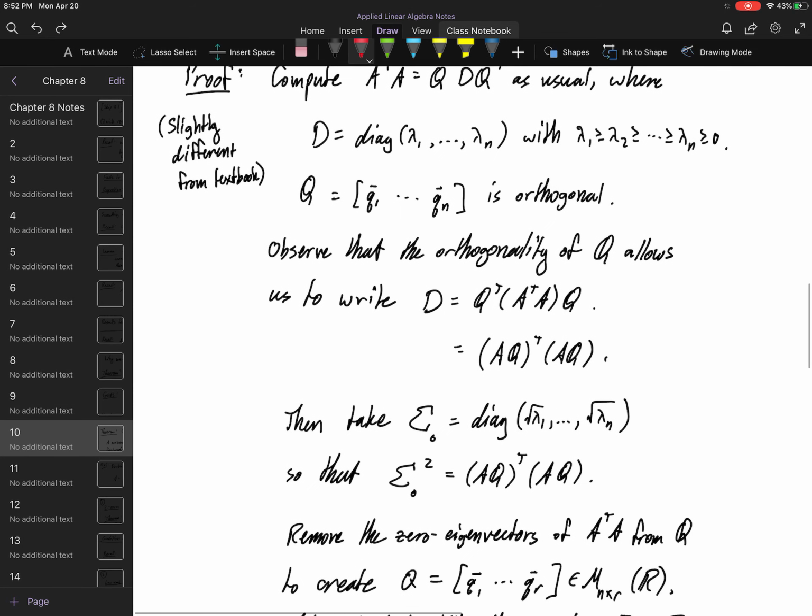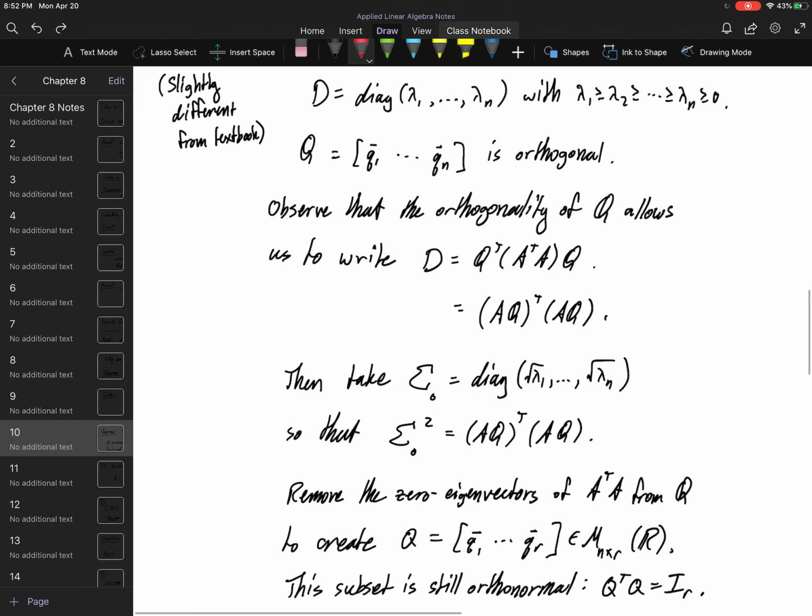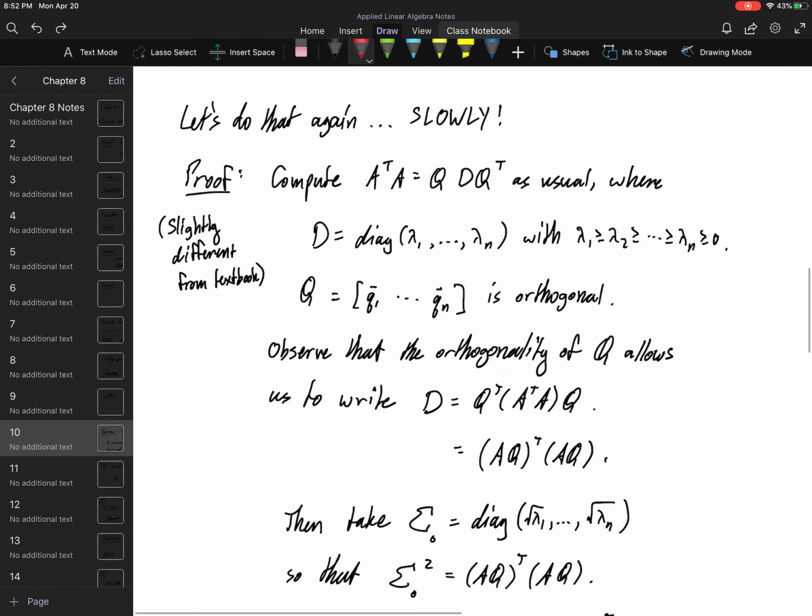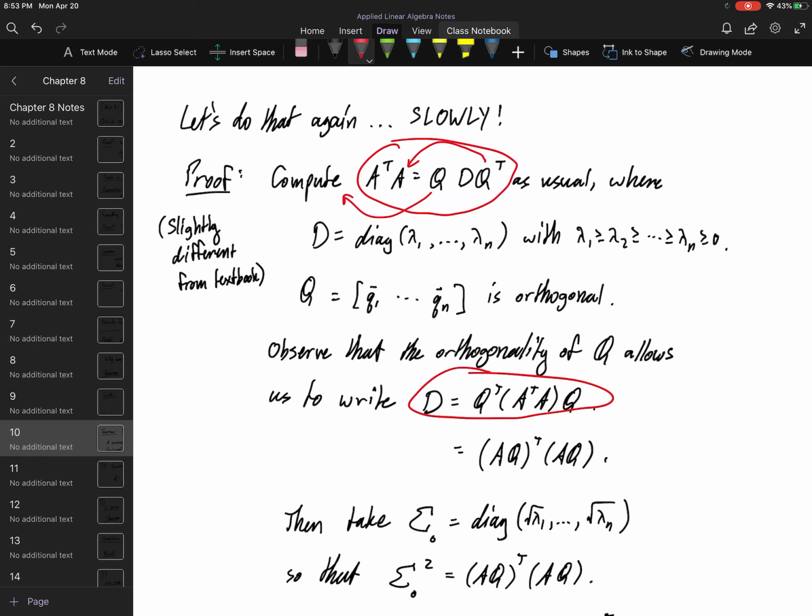Okay, so what we're going to do is observe that through orthogonality, this relationship will allow me to rewrite D in the following way. I can take the Q here, multiply on the left by a Q transpose, and then multiply on the right by a Q, and I'll wind up with an expression for D. We've seen this before.